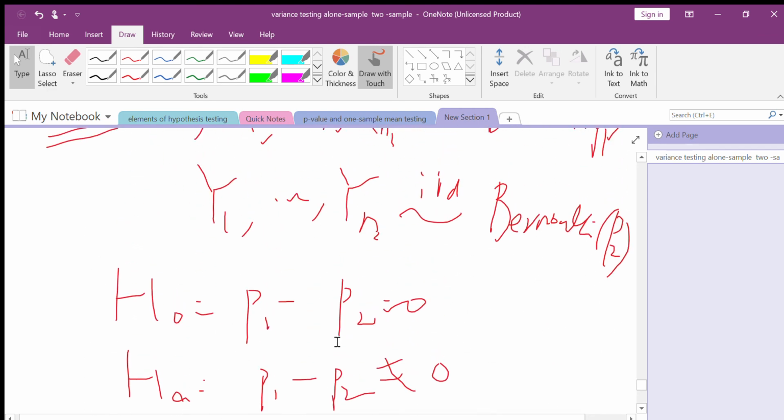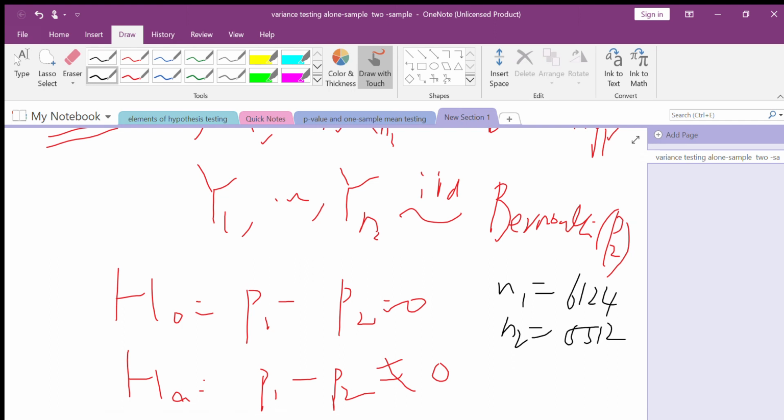Okay, let me give you some real values. In this example, n1 is 6124, n2 is 5512, small x bar is 0.4, and small y bar is 0.37.